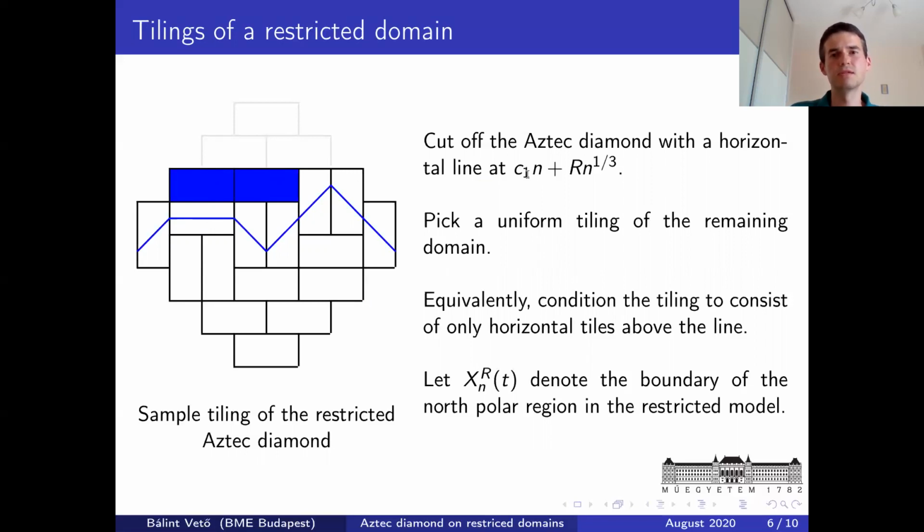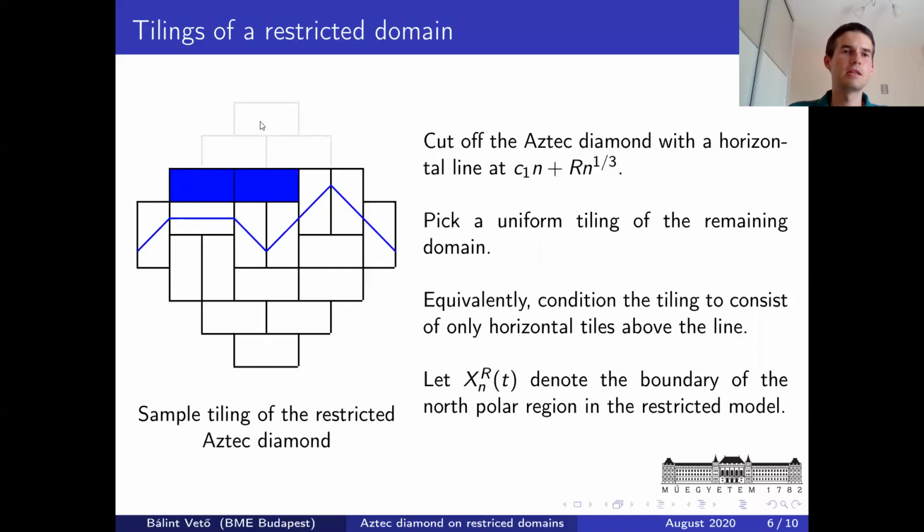But still, in some sense, the critical case is when we take c_1 times n, then the Arctic circle is tangential to this at first order, and we add some parameter r, which can be arbitrary, a real number, times n to the 1/3, which is the fluctuation order of the Arctic curve. And now what we do is that we take the remaining domain and pick a tiling that is uniform from all possible tilings of that restricted domain.